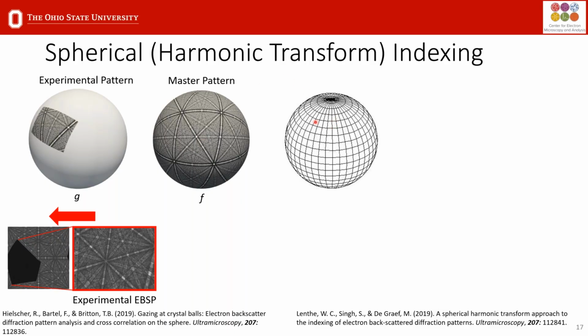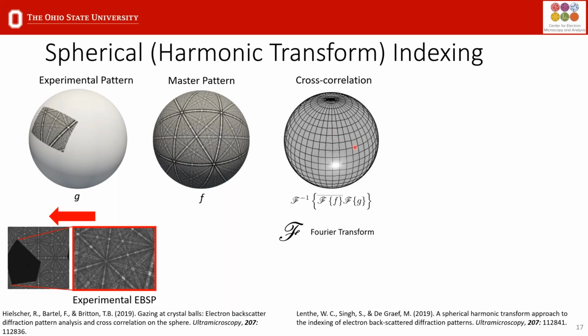What we then do is we discretize the sphere into different orientations, and by rotating this master pattern, we can find the best match where the master pattern lines up with your experimental pattern. And by rotating only one pattern and matching it to your experimental pattern, you eliminate the need to have this huge pre-computed dictionary, and that really speeds up the analysis by quite a bit.